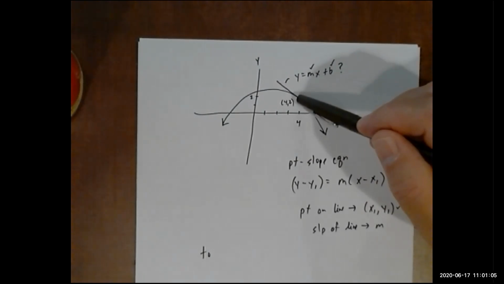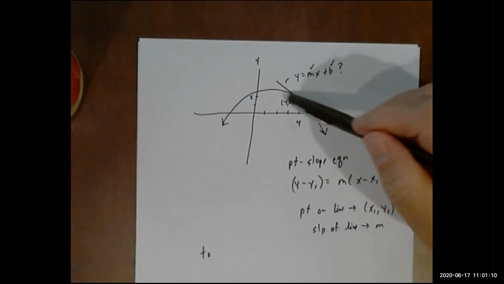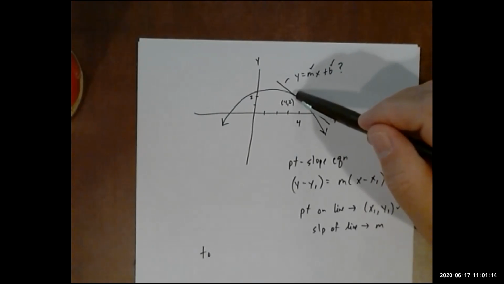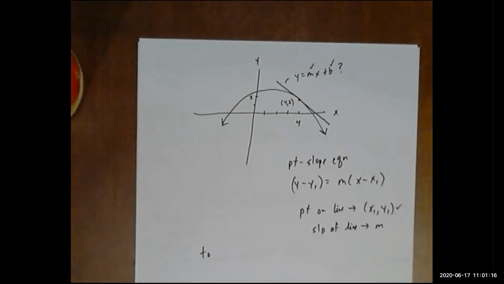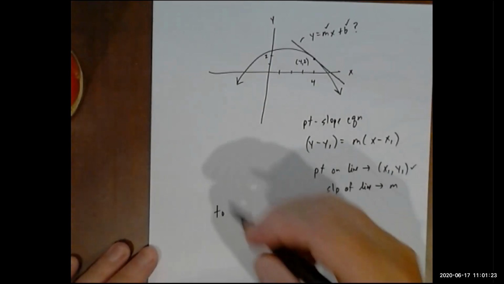But secondly, I need to find the slope. How do I find the slope of this line? Well, the slope of this line is the same as the slope of the graph of the function at that point. And we have a way now to determine the slope of this graph.